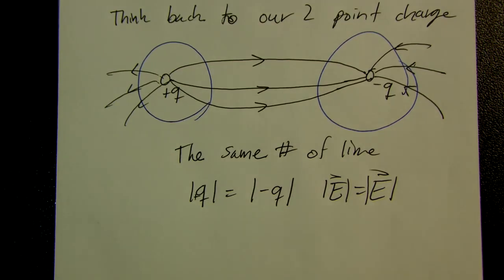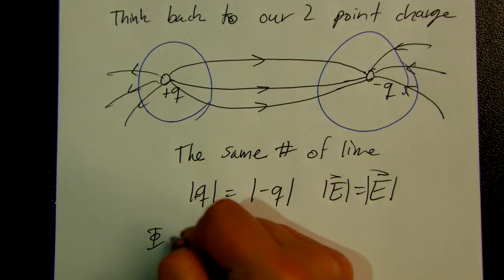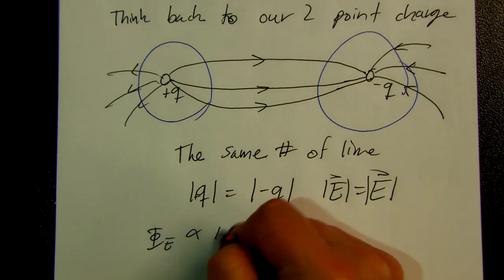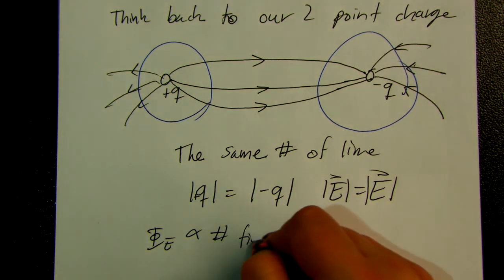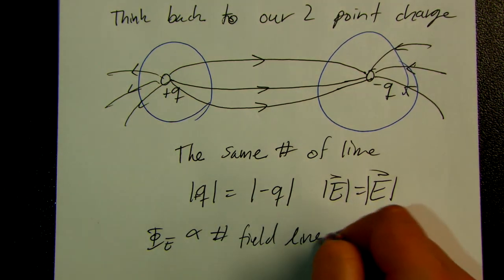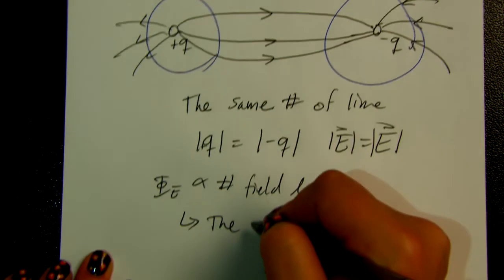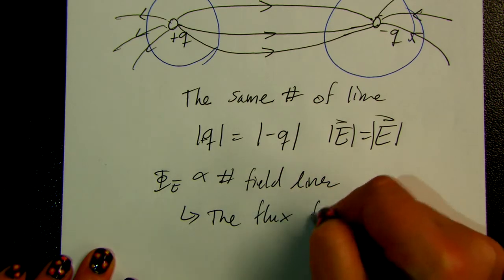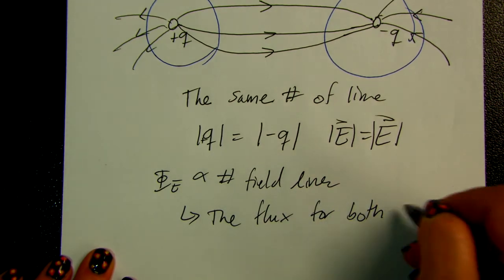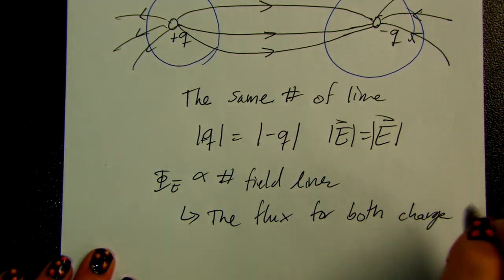So therefore, the flux is proportional to the number of lines. So the electric flux is going to be proportional to the number of field lines. Therefore, the flux for both charges is the same.